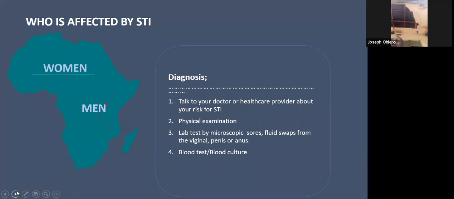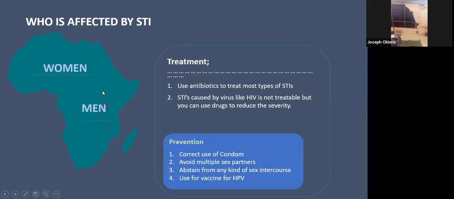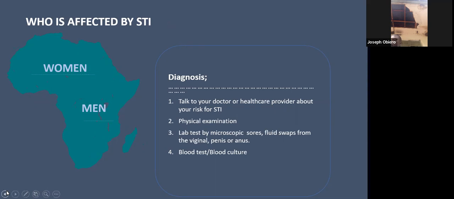So, on diagnosis of STIs, many a time we encourage the youth to talk to a health provider about the risk of STIs for testing and advice, since most STDs do not show symptoms. So we advise them to talk to the healthcare provider so that they can at least be advised.